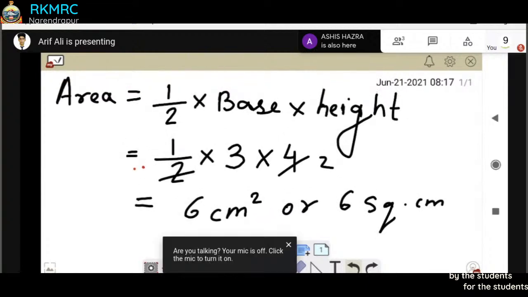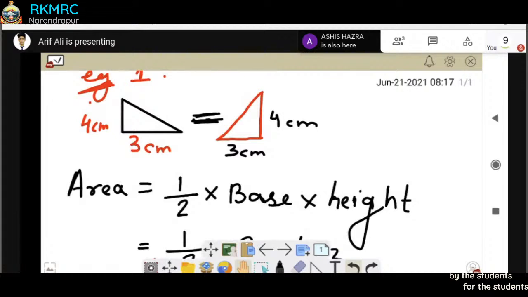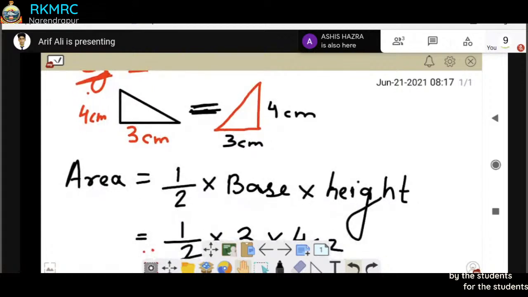So your answer is 6 centimeter square, or square centimeter, it is the same. Initially we were given centimeter, that's why we are writing centimeter. If it's in meter, you can write in meter. Whatever you are given with, write with that.